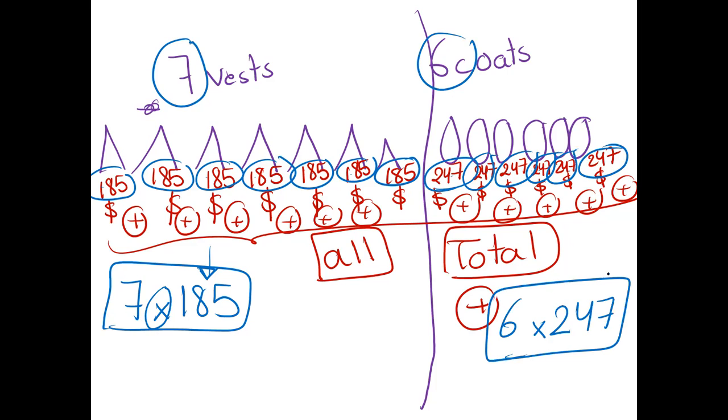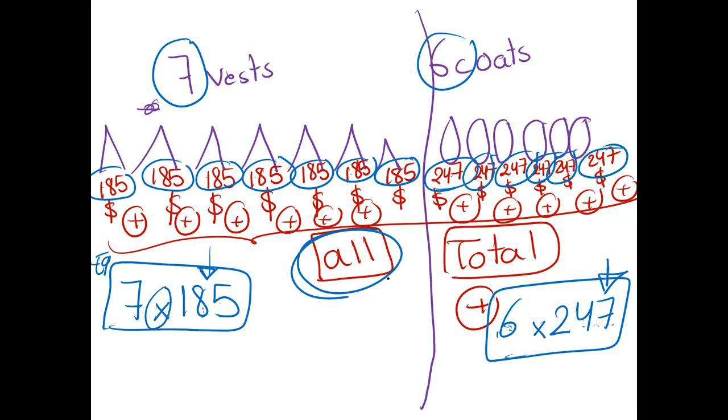Why? Because we are repeating the same number, 247, 6 times. So the first equation, we will do 185 times 7 because we have this number 7 times, and then 247 times 6 because we are repeating this number 6 times.